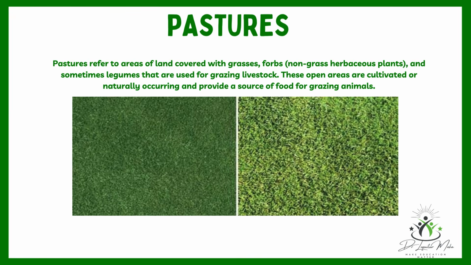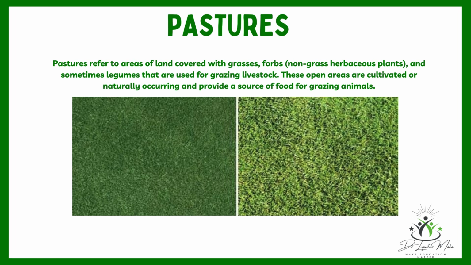Now, what is the difference? With natural pastures, if you look at the picture on the right, this looks more like a natural pasture. When we're talking of natural pastures, these are grasses or pastures that occur without direct human intervention.